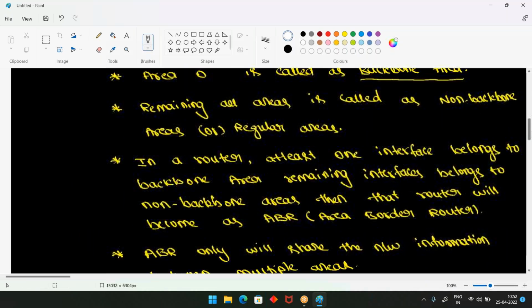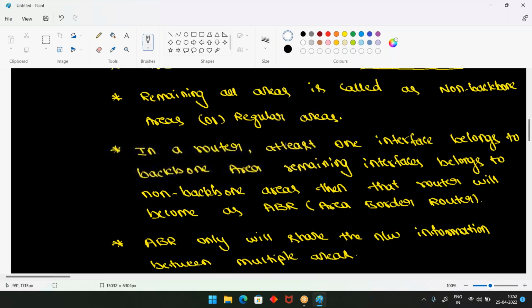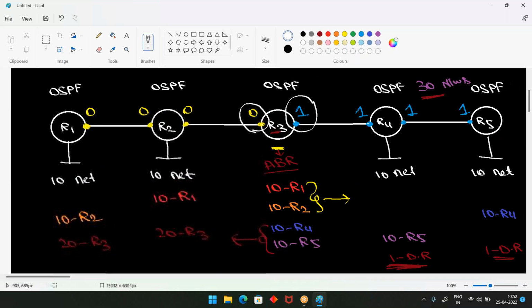In a router, at least one interface belongs to the backbone area. In this router, this interface belongs to area 0, that is called the backbone area, and this interface belongs to area 1, the non-backbone area. So this device will become an ABR router.